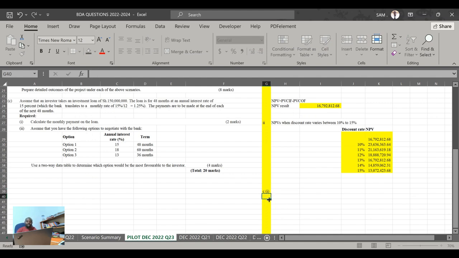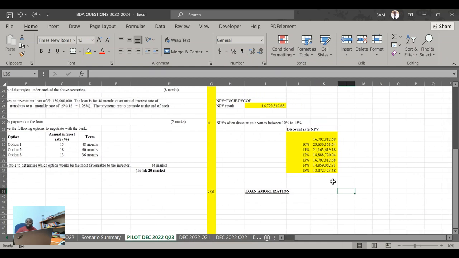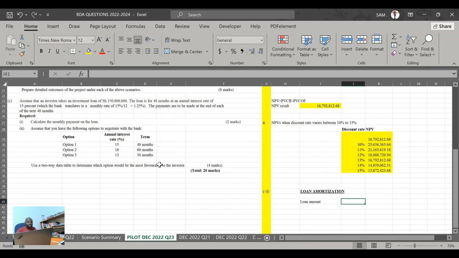Now, part C, Roman 1 is about loan amortization. And when you talk about loan amortization, being a concept we had covered before, I would just want to go very fast and remind you of what to look out for. Now, the loan amount that was advanced to this investor: we've been told an investor takes an investment loan of 150 million.